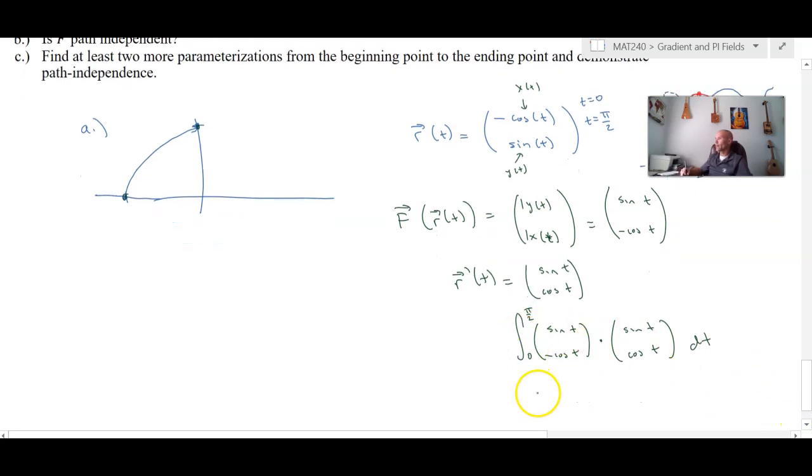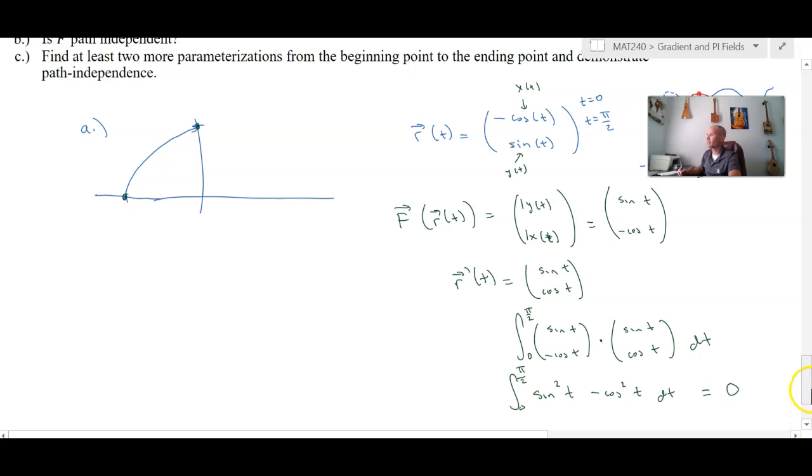So here we get sine squared of t minus cosine squared of t. And now we have to take the integral of this, 0 to pi halves dt. We could use our technology to help us compute this. And interestingly enough, it comes out to 0.